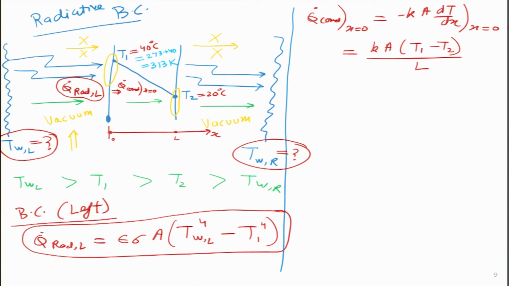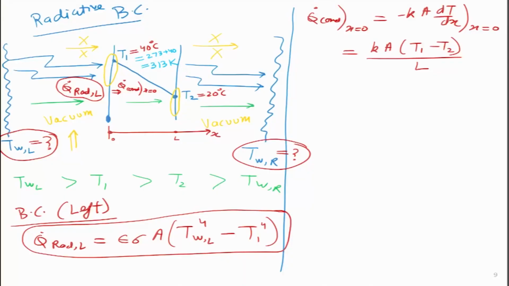If we do not do that, then it will be very difficult. So, always remember that whenever radiative heat transfer is there, we have to add 273 to convert it into Kelvin. So, instead of 20 degree, I will now write 293 Kelvin.